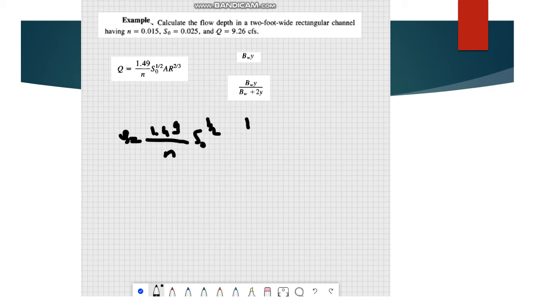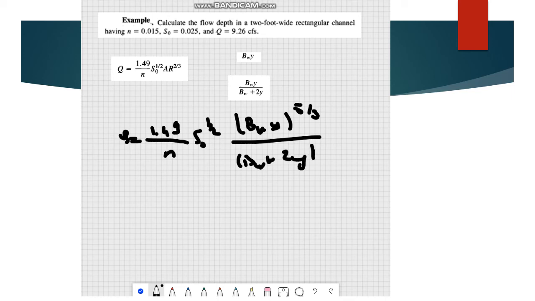So it's going to be b_w y to the power of 5 over 3, over b_w plus 2y, to the power 2 over 3. This gives our Q flow rate.